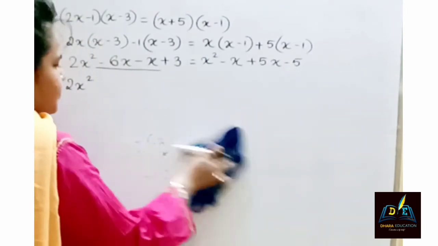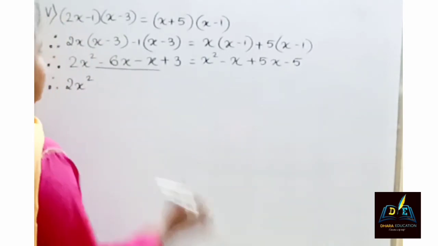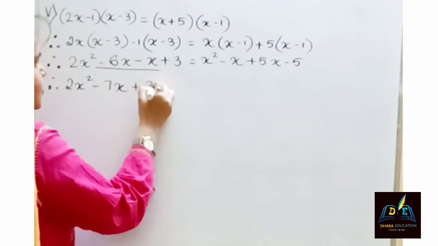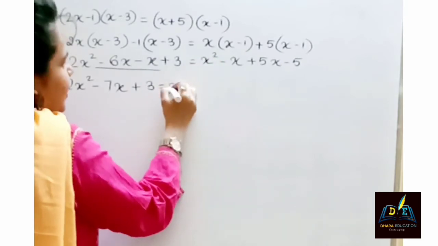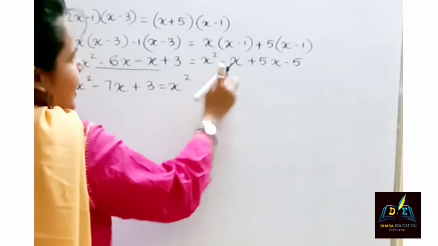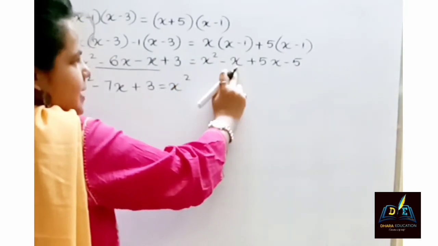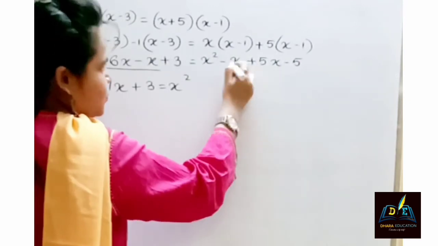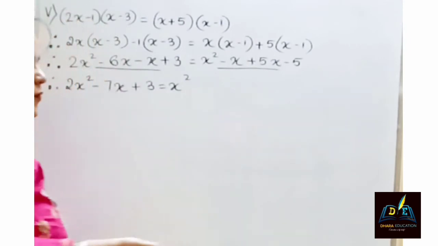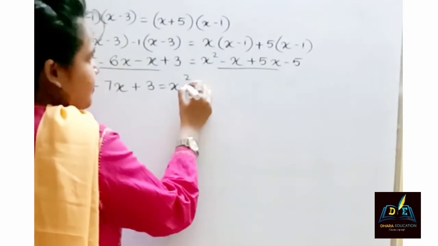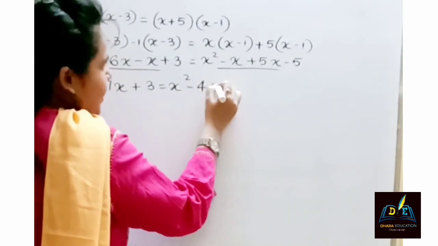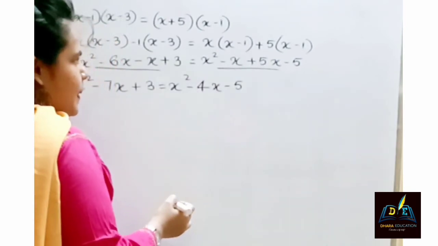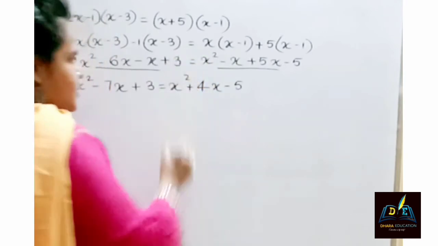So we will write minus 7x plus 3 is equals to x square. And here minus x and plus 5x and minus 5, so we have to take this also. Minus 4x minus 5. Sorry, plus.